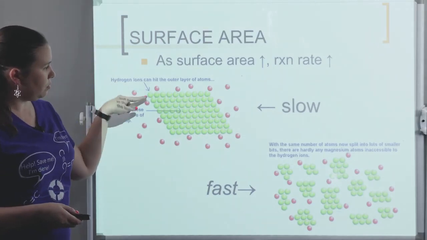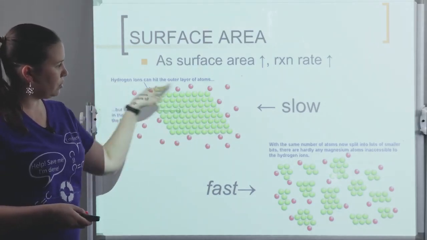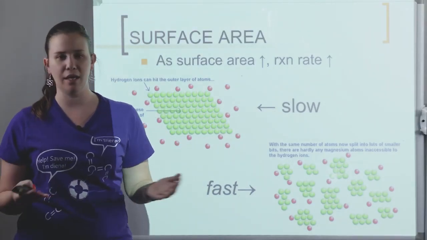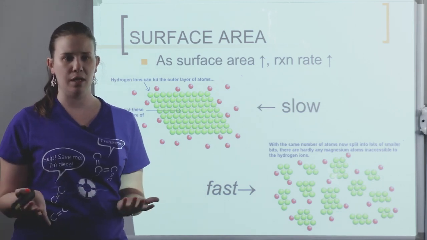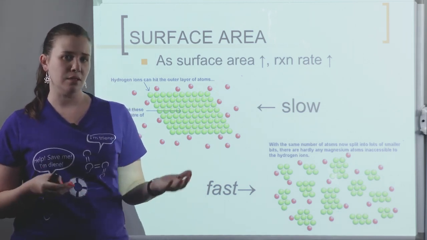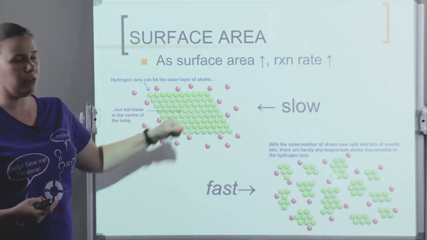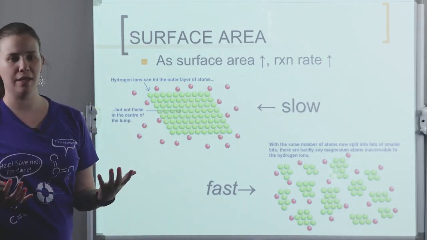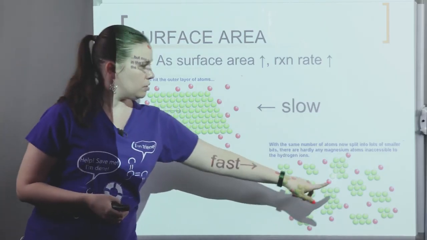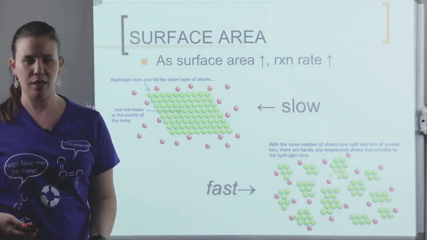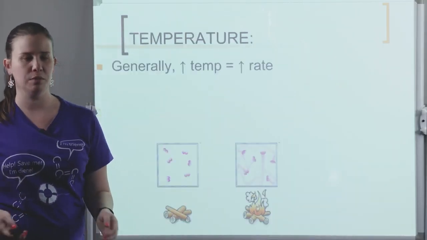Whereas up here, the green atoms that can touch are only the ones on the outside. Those are the only ones that can even have access to the red atoms. And as we discussed, you can only have a reaction if they can collide, meaning all of these inside green particles cannot react. When you expose them, you allow them to be able to react. And so that's going to increase the reaction rate.